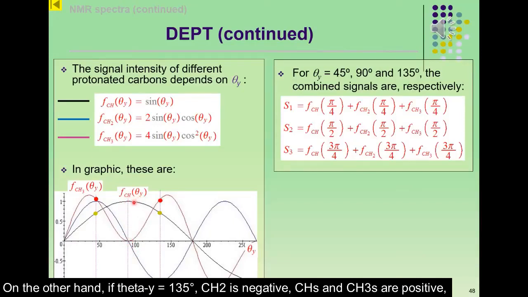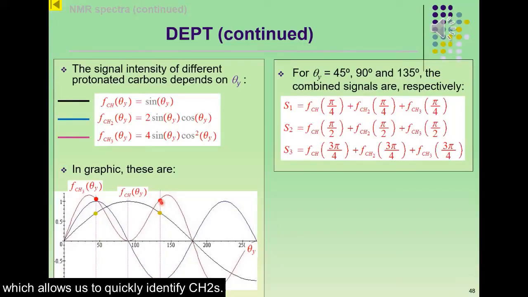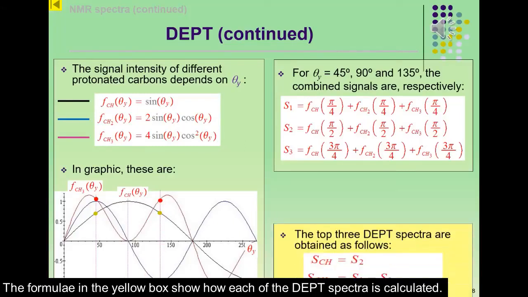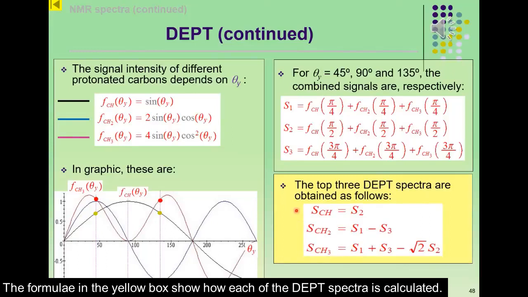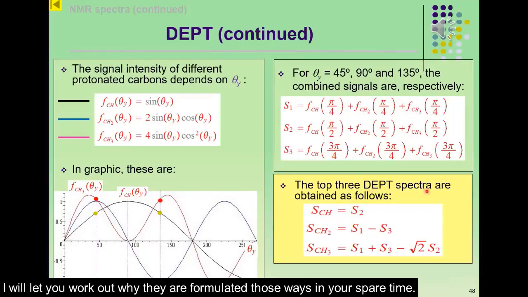On the other hand, at theta Y equals 135 degrees, CH2 is negative. CHs and CH3s are positive, which allows us to quickly identify CH2s. The formulae in the yellow box show how each of the DEPT spectra are calculated. I'll let you work out why they are formulated that way in your spare time.